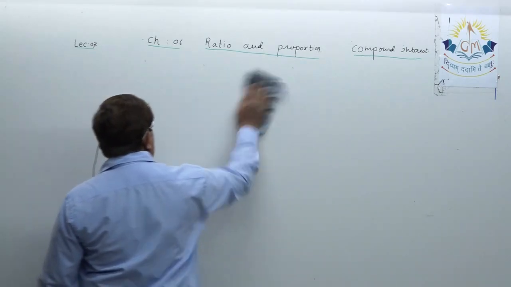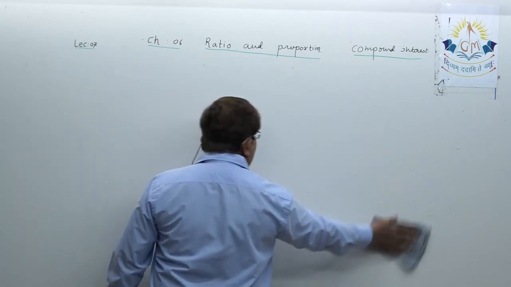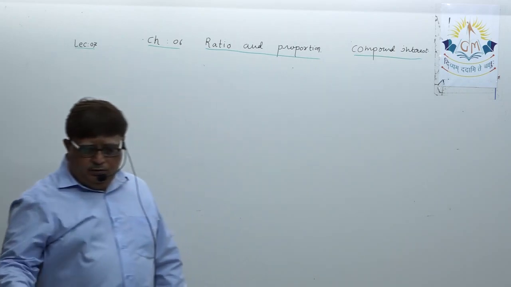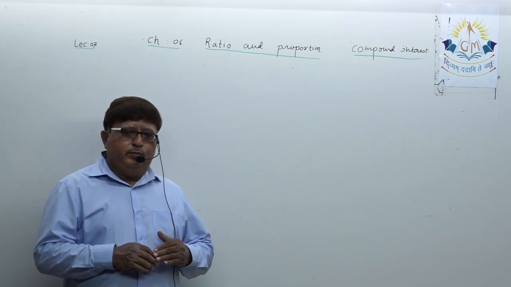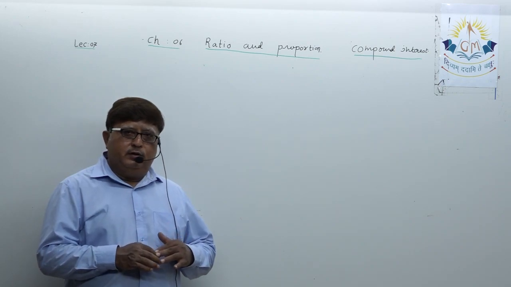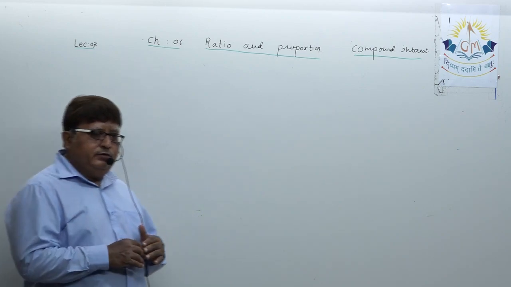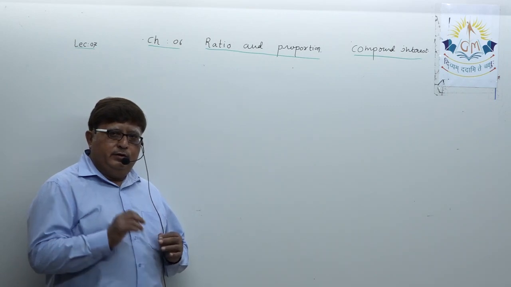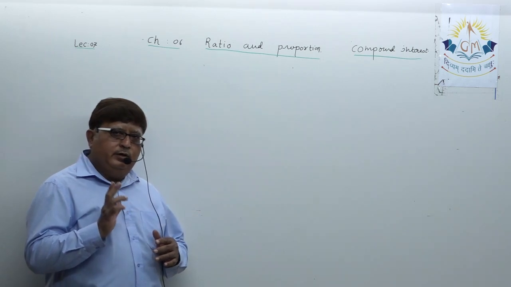And dear student, mind one thing, that in today's lecture, out of the three aspects, annual, half yearly, and quarterly, we are going to target to count compound interest annually only.